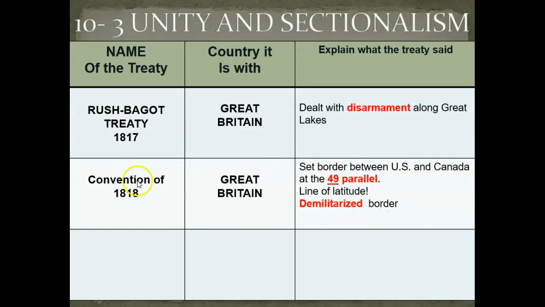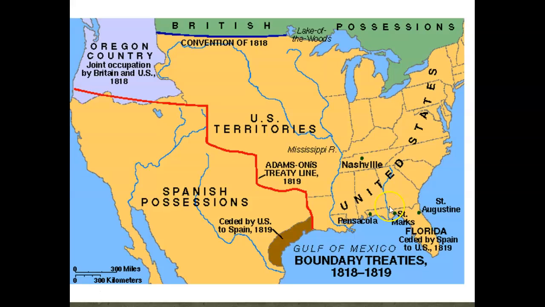And last but not least, the Convention of 1818 also deals with an entirely different area, and that was the area of Oregon country. So if we look at a map here, this area over here is where both the United States and Great Britain wanted to get their people in so they could claim this area. And so in the Convention of 1818, it opens up Oregon country to what we call joint occupation. So that says Americans can come in and British people can come in.